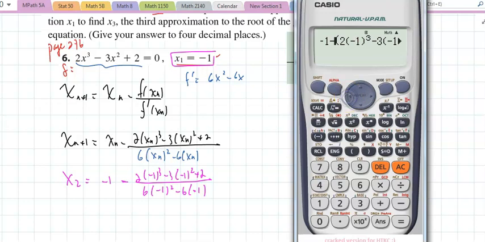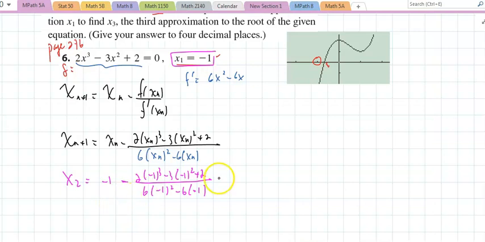Okay, I found a mistake. I went back. I noticed I didn't square this. There, now better. Okay, I'm getting negative 0.75. So, this is negative 0.75.